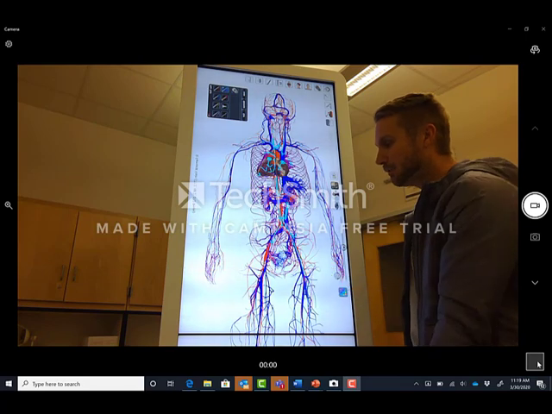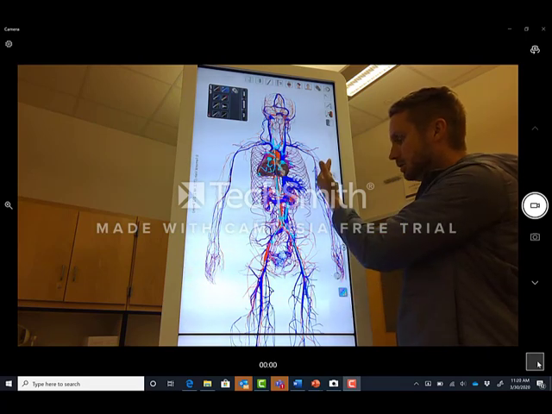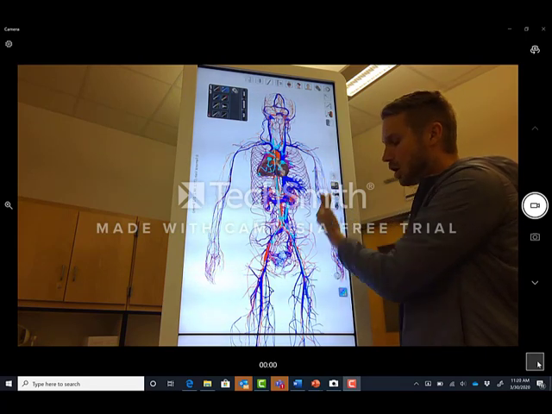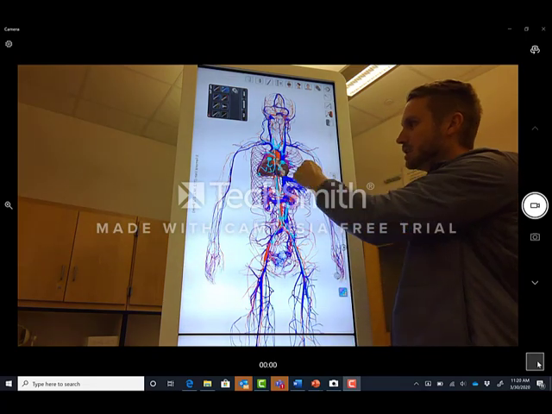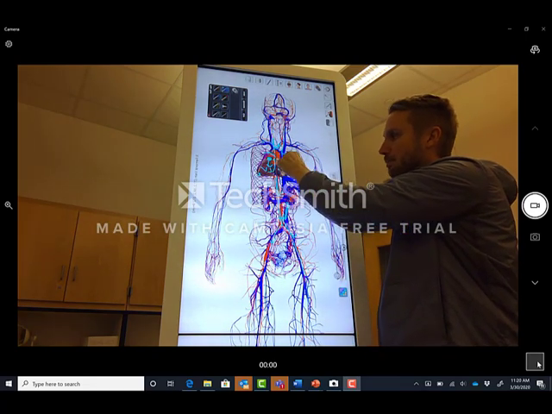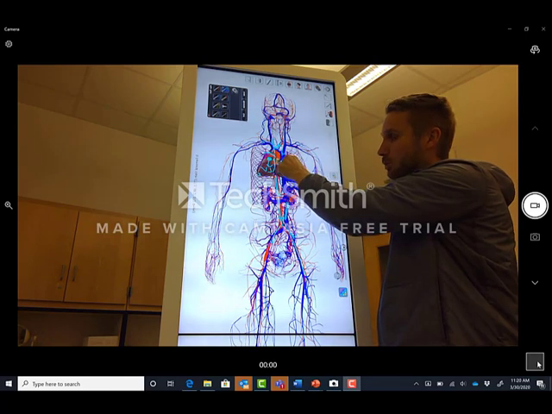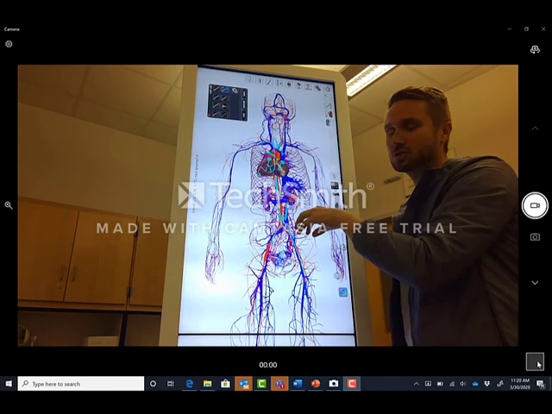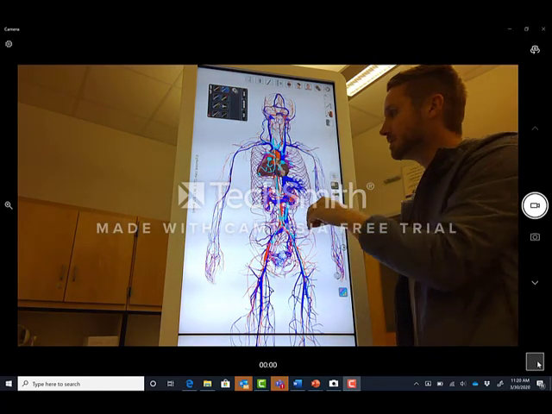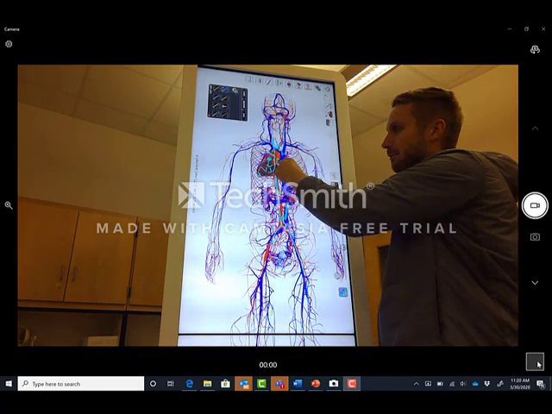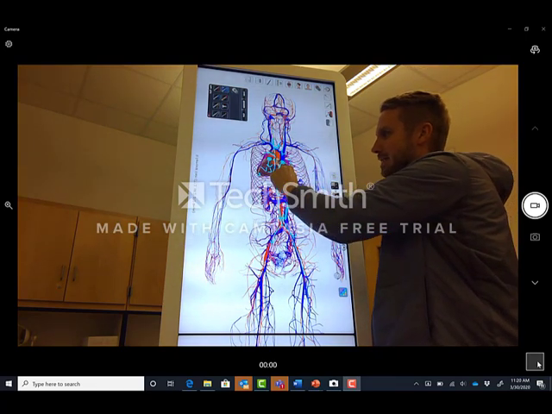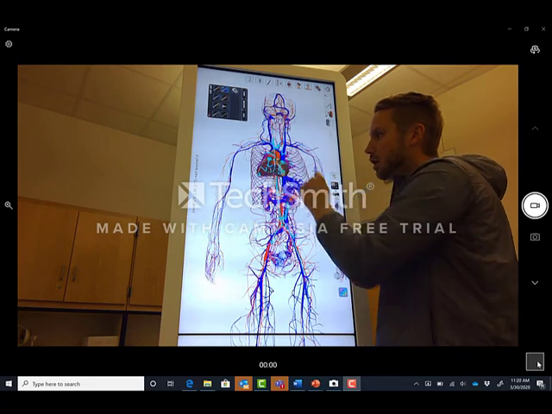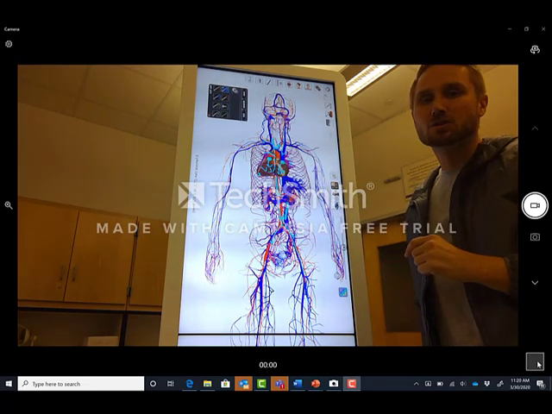Now it's fighting gravity, up against gravity through the arms and the legs, and blood pressure is almost zero. So that blood in the right atrium is going to put pressure on the tricuspid valve, which has three flaps, and then you'll move into the RV, which is the right ventricle.